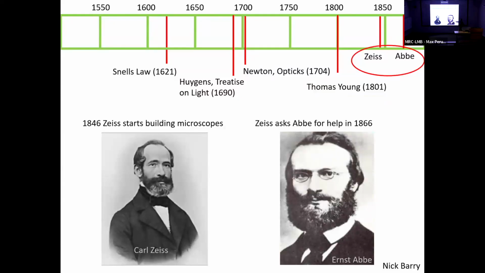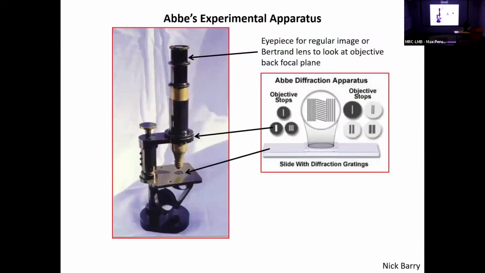Really, his contribution was to make us clear about the difference between magnification and resolution. Magnification is not a sufficient property of microscopes. He had a fairly standard optical instrument of the day, but he abstracted the general sample you might put on there to a one-dimensional grating pattern.